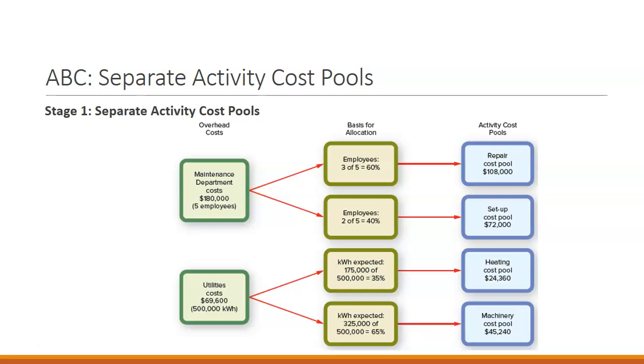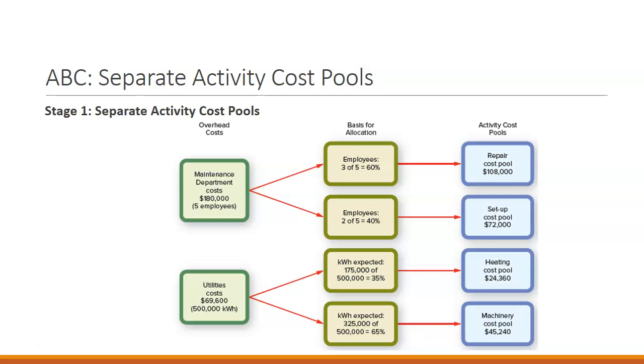We take $180,000 of it and create a maintenance cost pool. And the other $69,600 is utilities costs. We are going to separate our maintenance department costs by employee and our utilities costs by kilowatt hour.